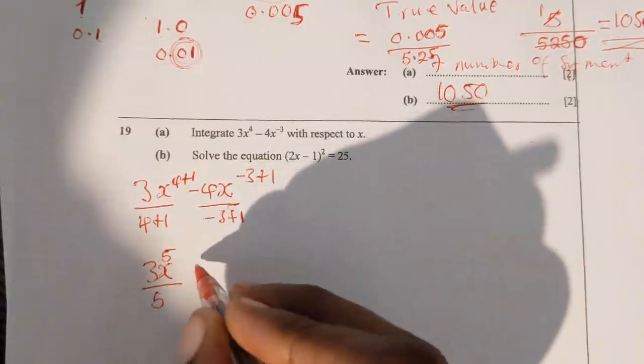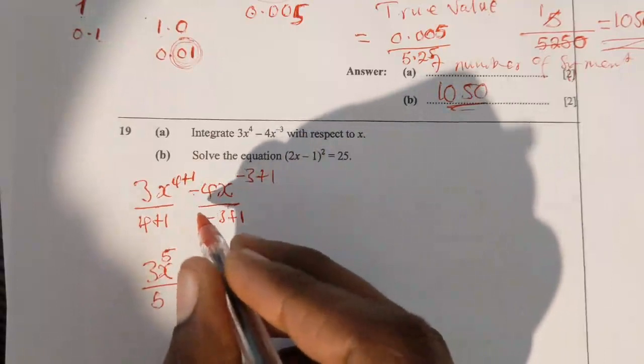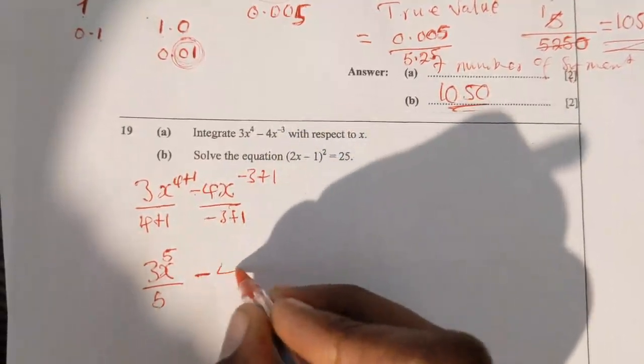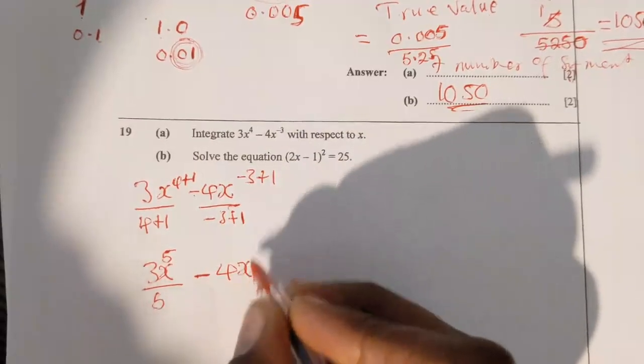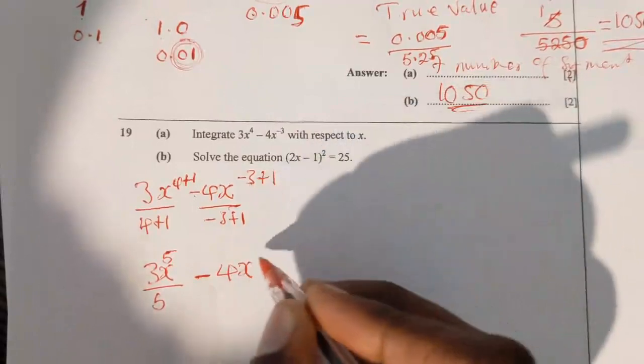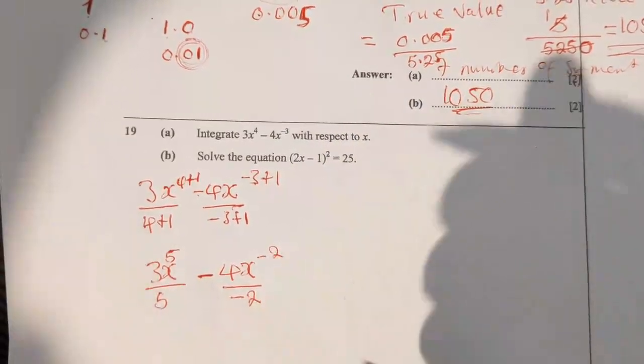Then we have negative 4x, with negative 3 plus 1 giving negative 2, so the power is negative 2.